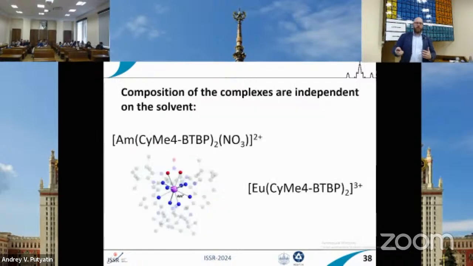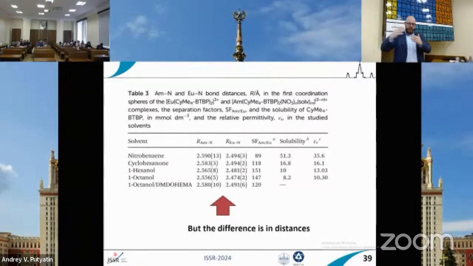So even if the composition and the structure of the complex are the same, these distances are changing, so you can clearly see this change. So it's enough change to be seen to say that it is not uncertainty, but a real change in distances between the cation and the organic molecule.